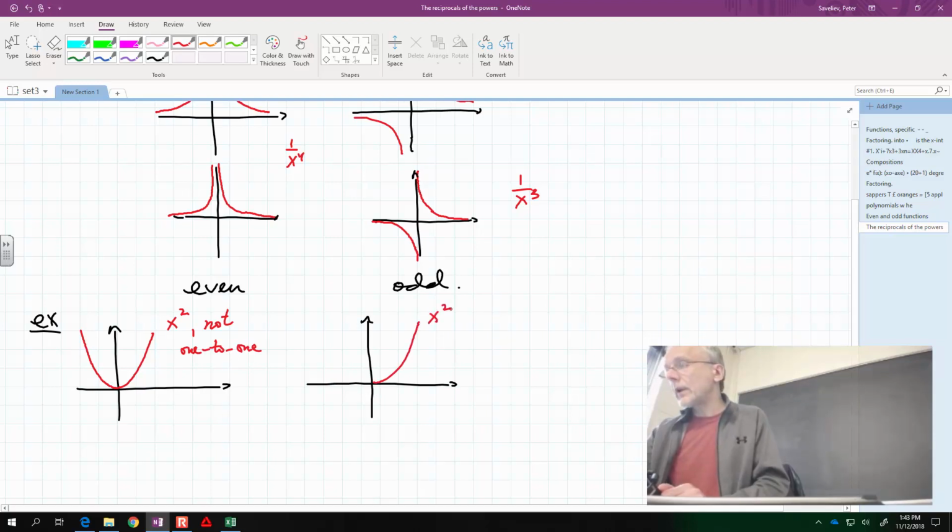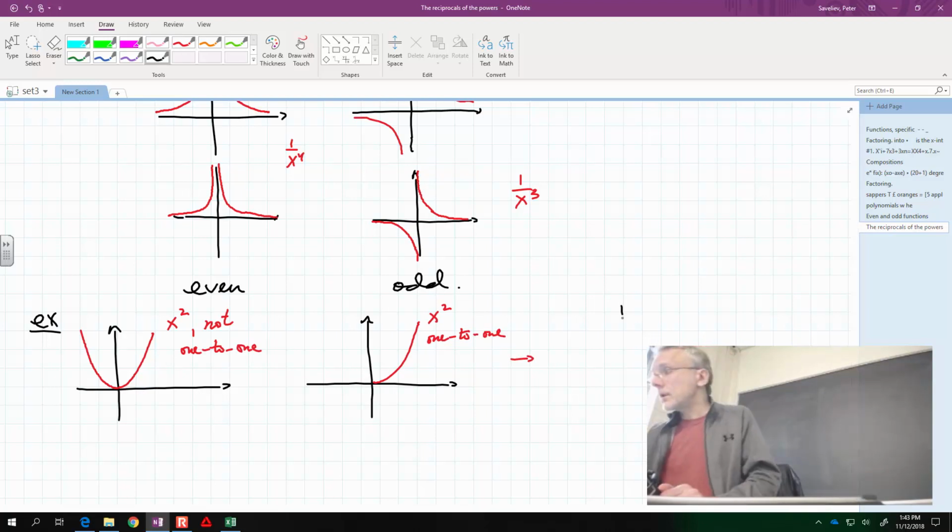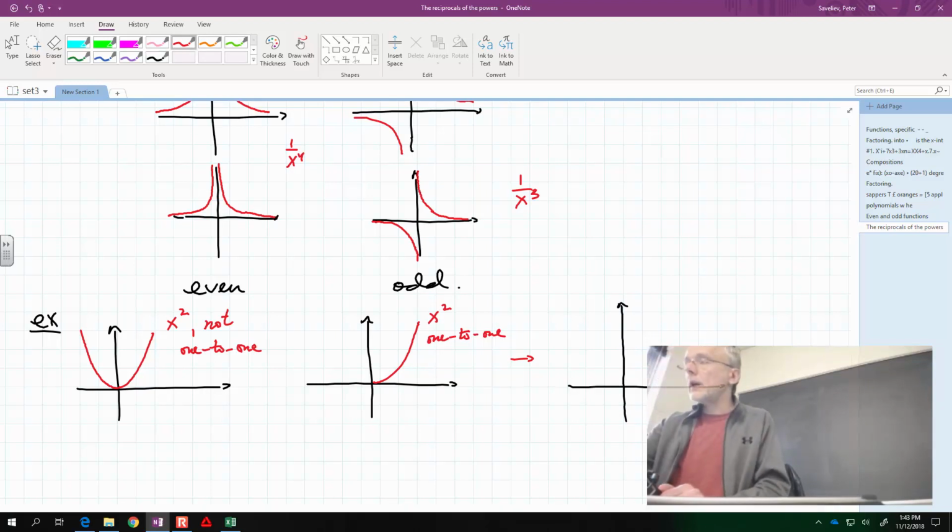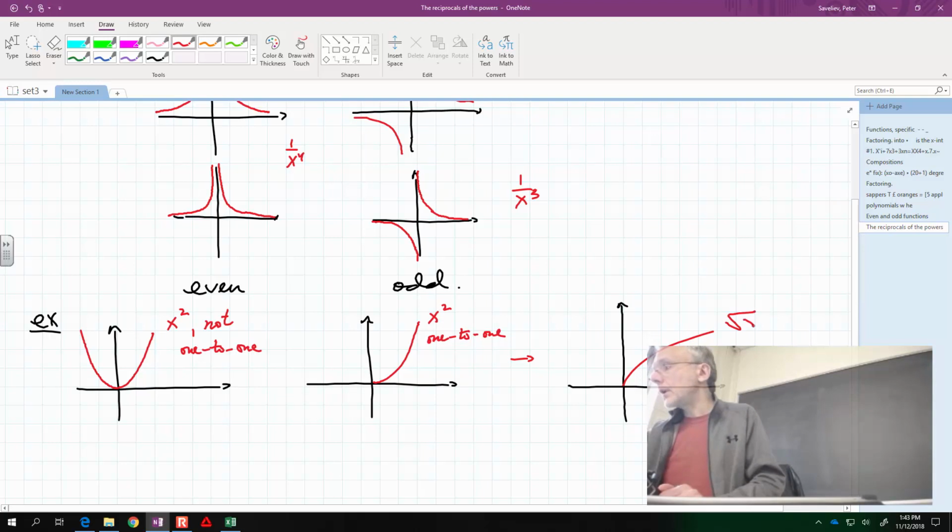So this one, x squared, becomes 1-to-1. Then you go on and get the inverse. But once you cut half of it, you don't have a chance of having a function being odd or even.